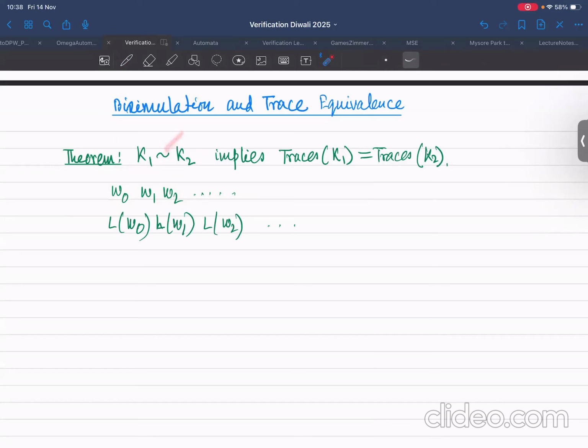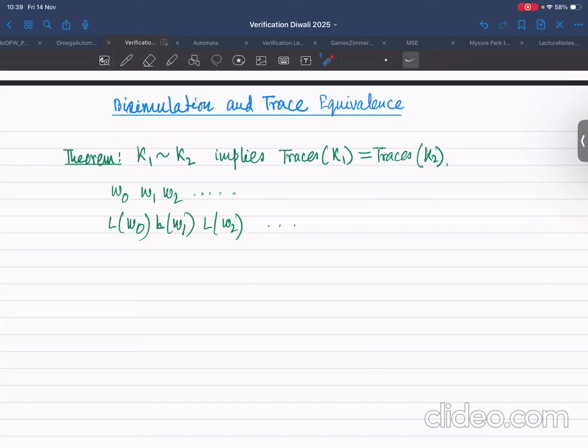Now, this particular theorem states that if K1 and K2 are bisimilar, related with some bisimulation relation, then... Recall that we say K1 and K2 are bisimilar if there exists a bisimulation relation and some initial state of K1 is bisimilar to some initial state of K2.